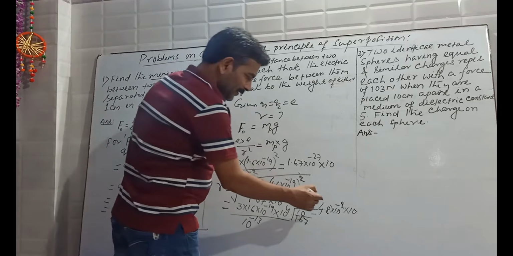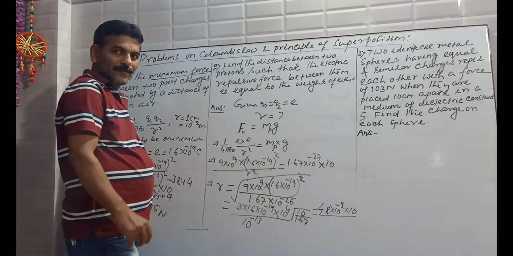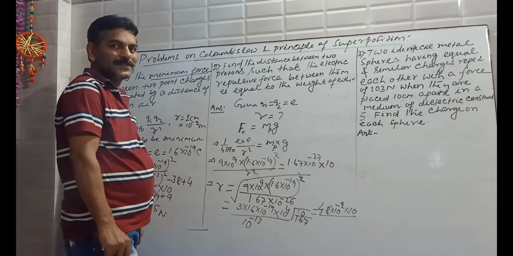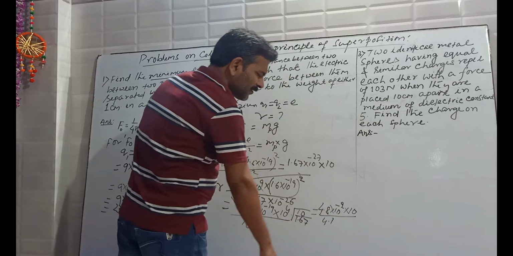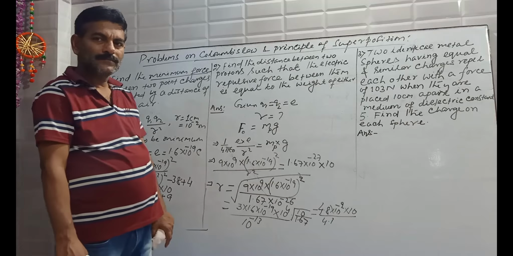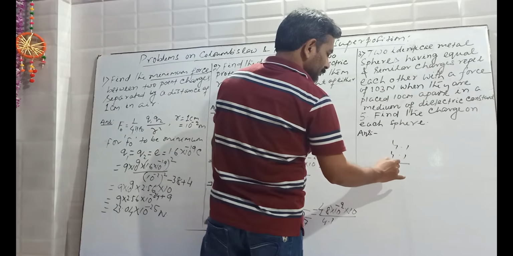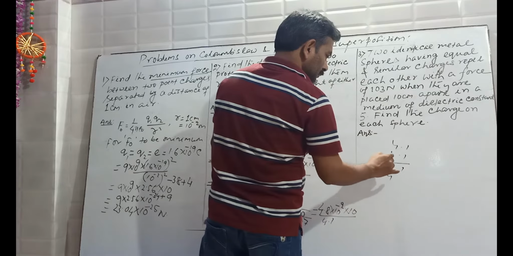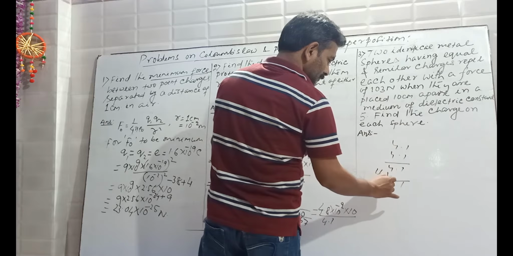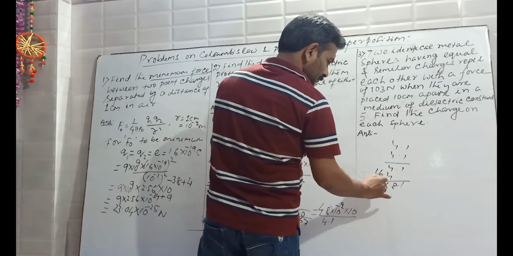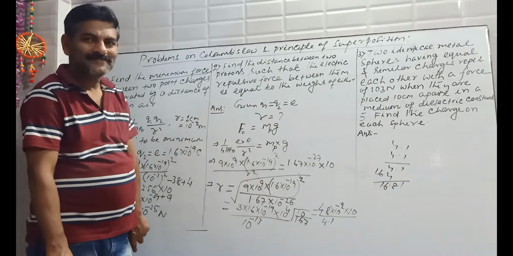Clear? By, you see, root over of 16.7 means how much? 4 point something, around 4.1. 16.81.